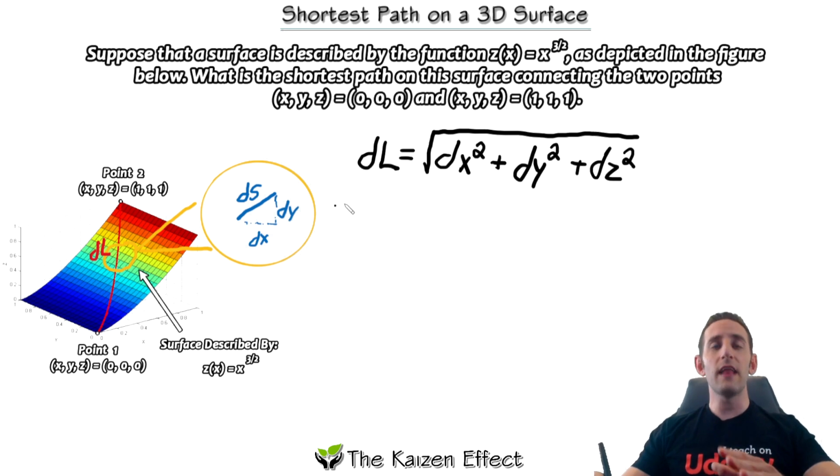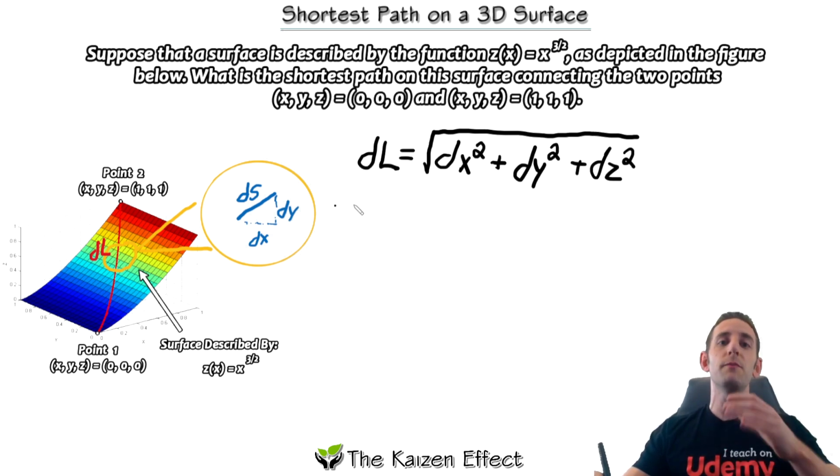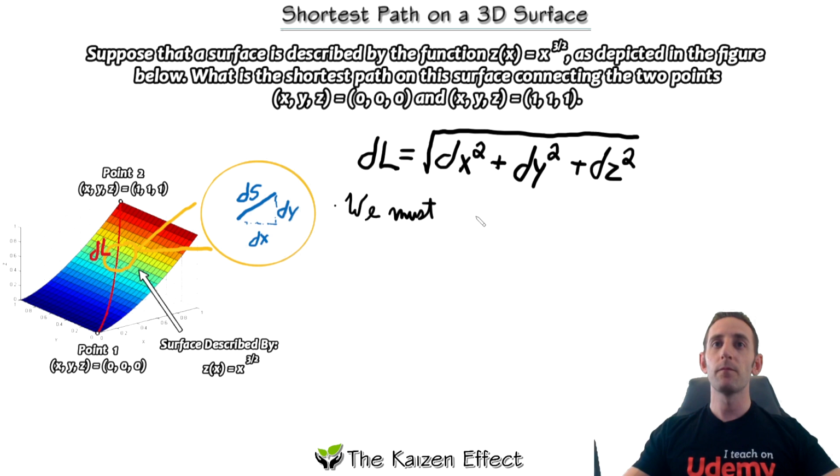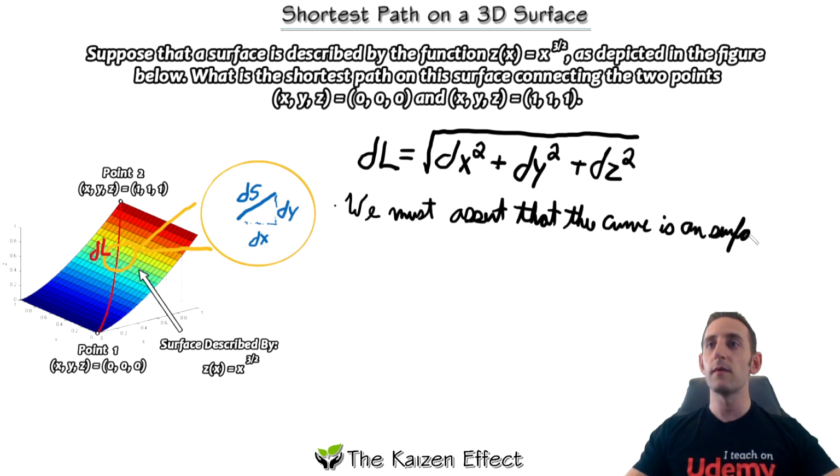So to solve this dilemma, I'm going to make use of a condition we must enforce within the problem, okay? We must assert that the curve is on surface z sub x.